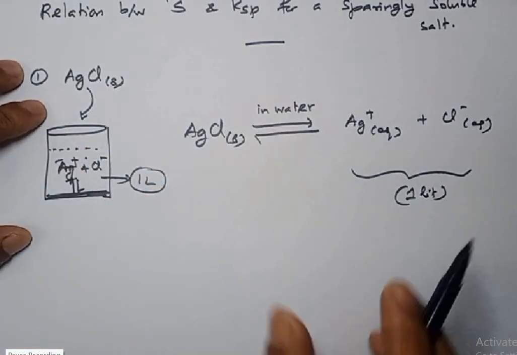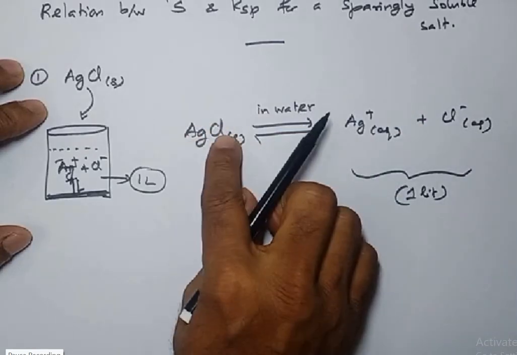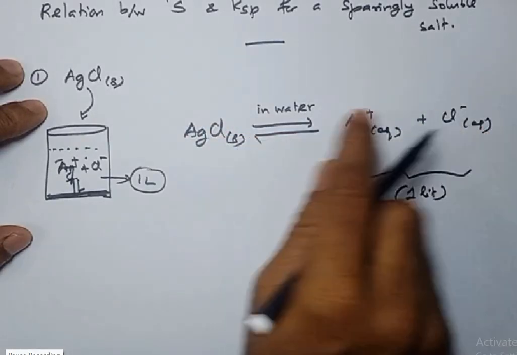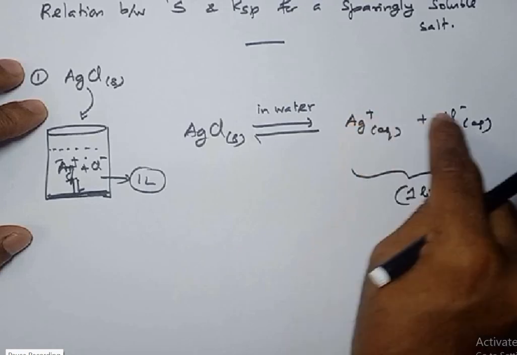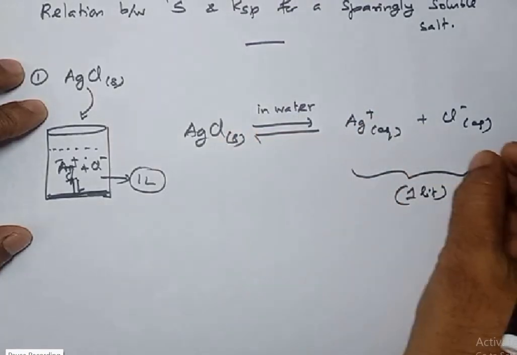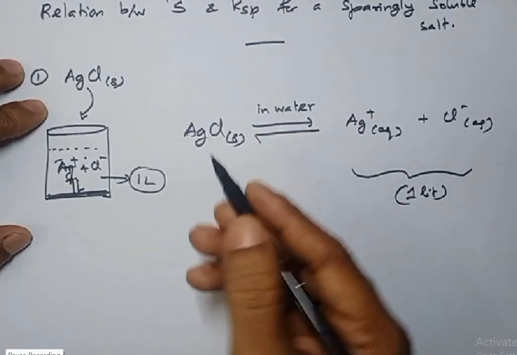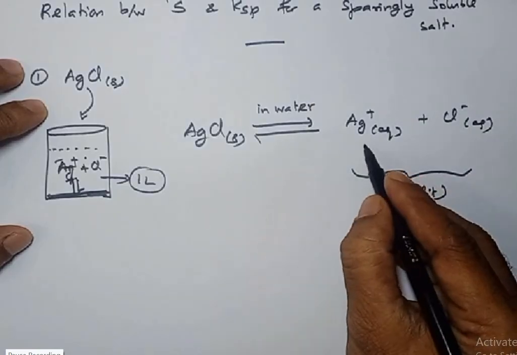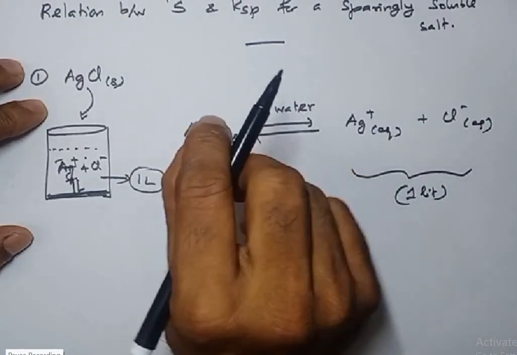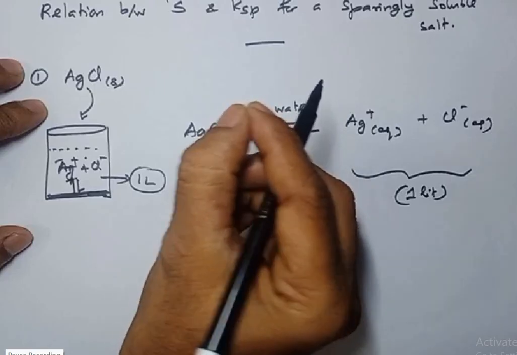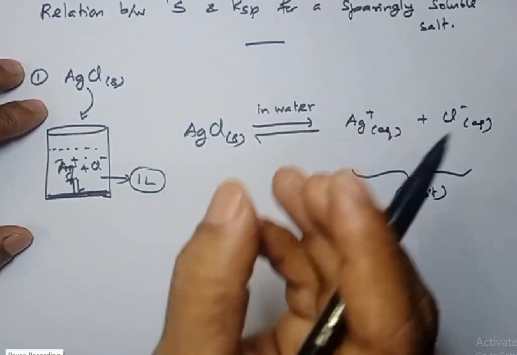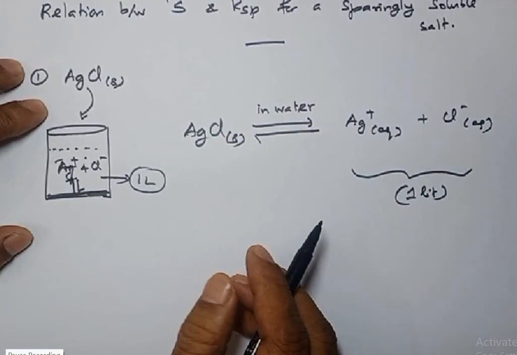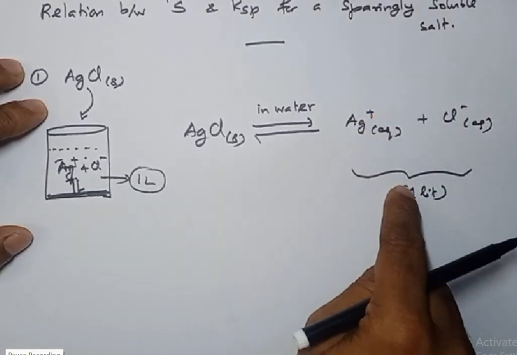From the silver chloride, some amount is dissolved, and because of that we get silver ion and chloride ion, correct? What is the amount that is dissolved? It is nothing but S, the solubility. The small amount of silver chloride that is dissolved in water is what we call solubility, because the solution volume is 1 liter.